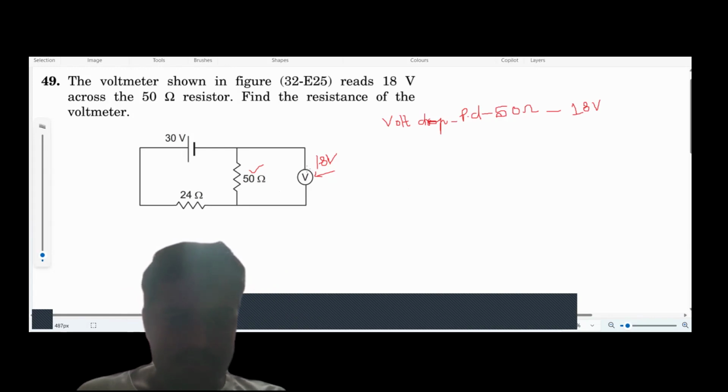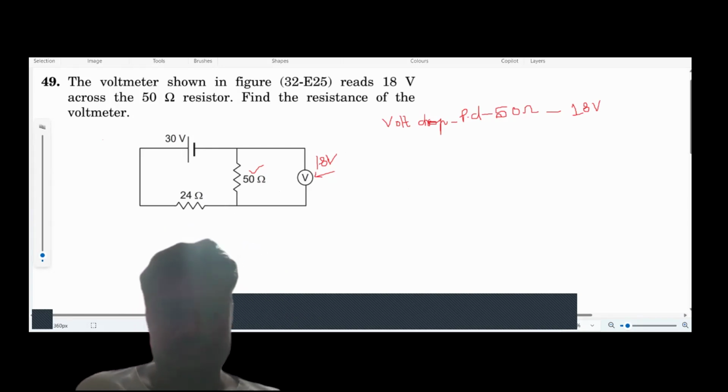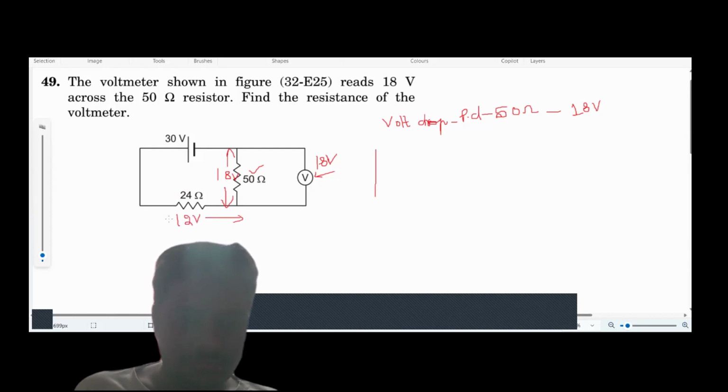So if this is some R, across this 50 ohm it is 18 volt, which means the remaining voltage drop, definitely across the 24 ohm, is 12 volt. It has been mentioned 18 volt across the 50 ohm resistor, so the remaining voltage drop is across the 24 ohm.